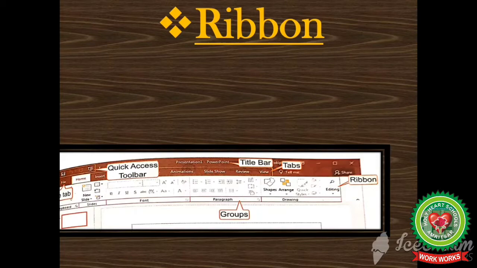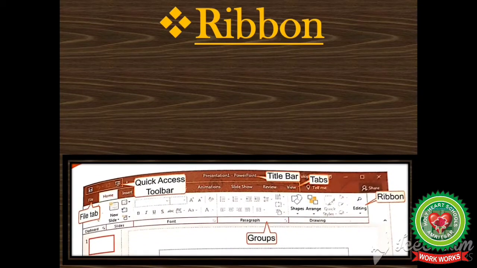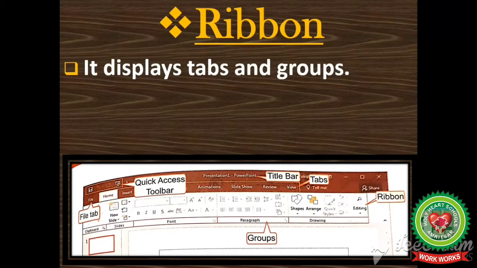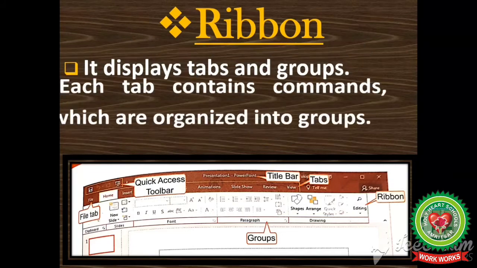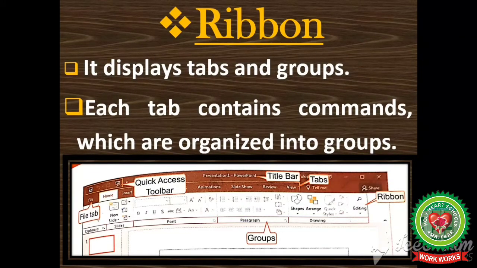The next component is Ribbon. Ribbon displays tabs and groups. Each tab contains commands which are organized into groups. Students, you can see this figure. This rectangular portion is known as ribbon.